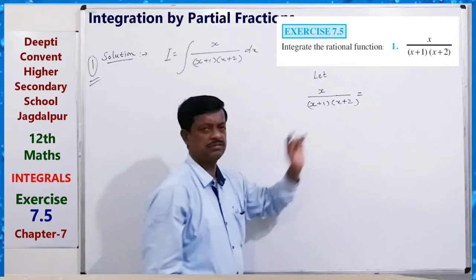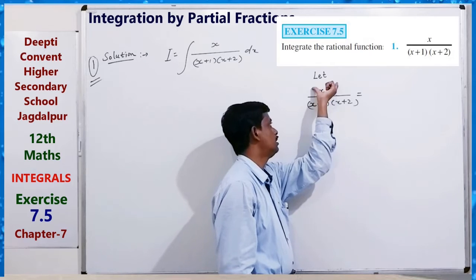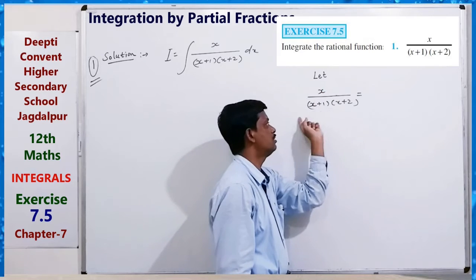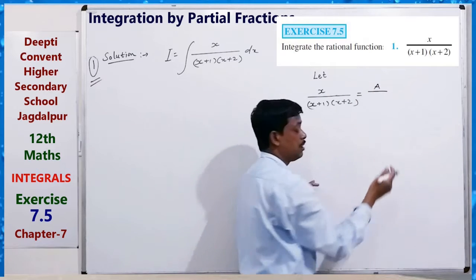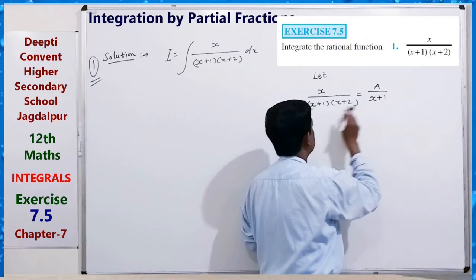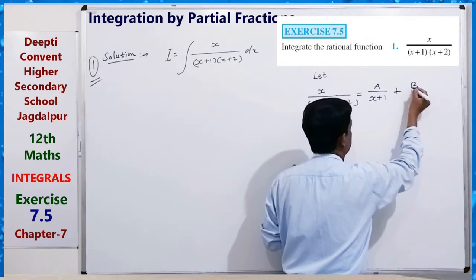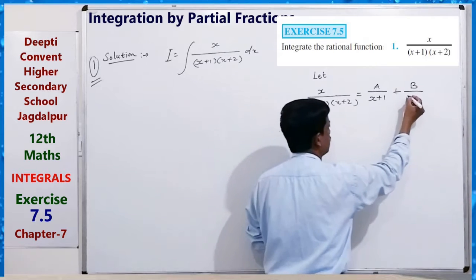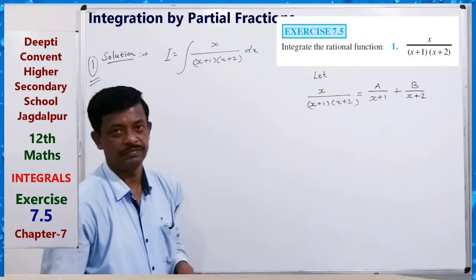This has a factorized denominator, a lower degree numerator and a higher degree denominator. We can suppose this is equal to A upon the first linear factor, degree 1, x plus 1, plus B upon the second linear factor, x plus 2. This is the method of partial fractions.